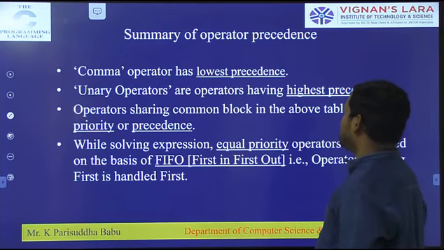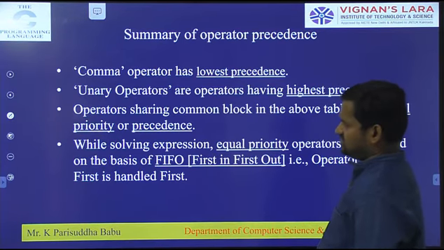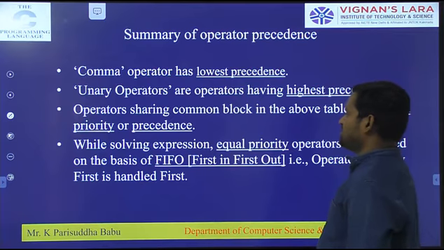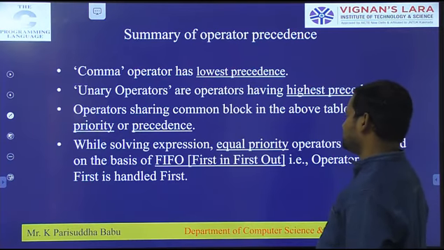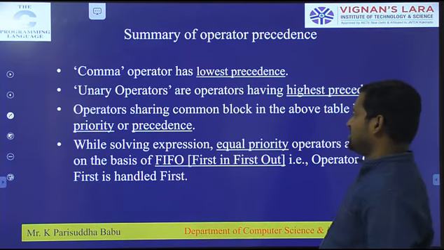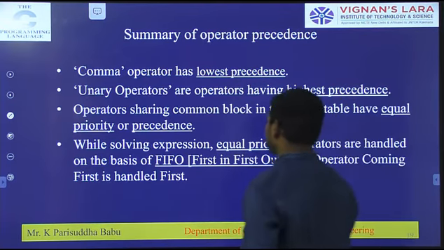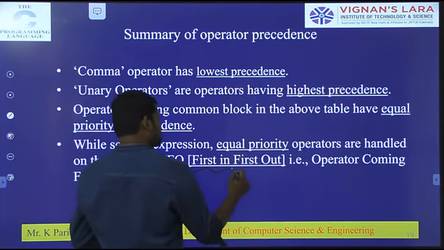Operators sharing a common block in the above table have equal priority or precedence. While solving the expression, equal priority operators are handled on the basis of FIFO, first in, first out, which means left to right. If an expression contains equal priority operators, we follow first in, first out.